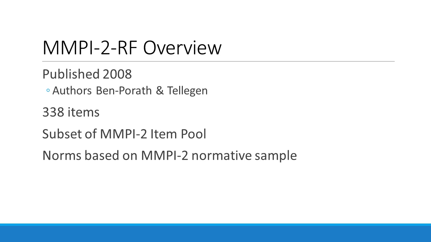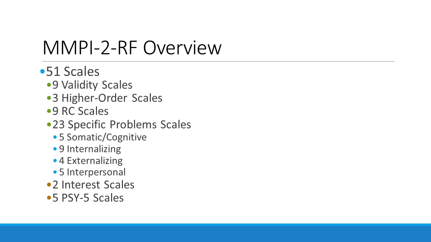By using the same items, that allowed us to continue to use the MMPI-2 normative sample with some minor adjustments. The MMPI-2-RF uses the non-gender-based normative sample, where a small proportion of women were randomly excluded to ensure that the gender balance was perfect.